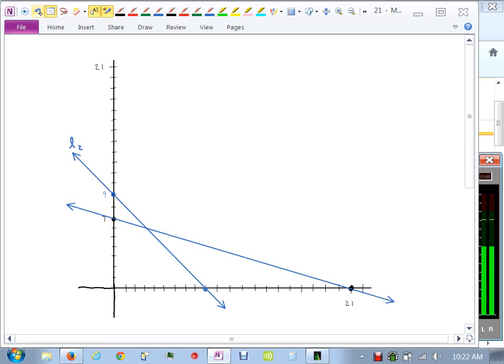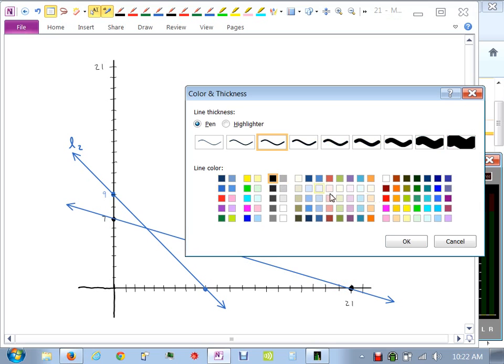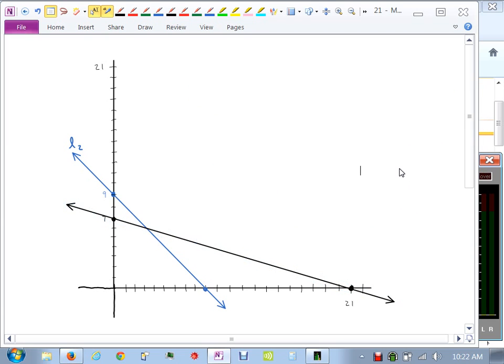Go ahead and see if you can figure out how to draw L1 while I'm playing here. Don't forget to label this one L3, right?